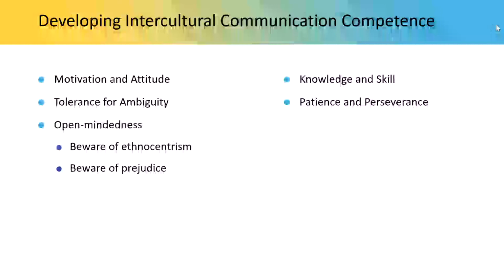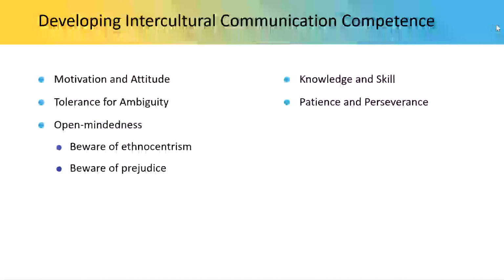I think for most of us, the default setting is that my way is the right way, or my way is natural. That's just how we feel because we're very used to it. So when you're communicating interculturally, you have to take a step back from ethnocentrism, the idea that the way my ethnic group does it is the best way.